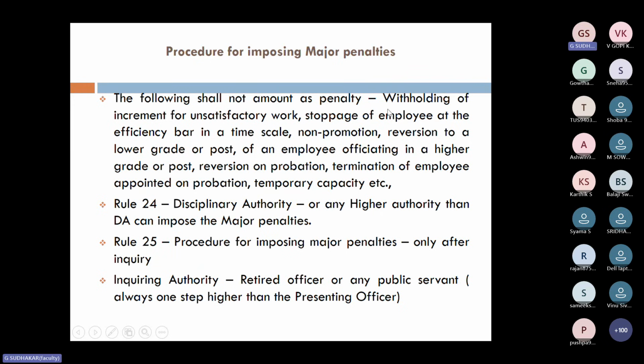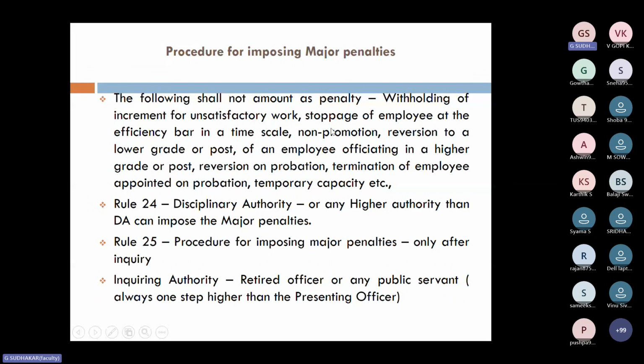See, this is also important. Withholding of normal increment for unsatisfactory work. Stoppage of employee at the efficiency bar, that is stagnation increment. Non-promotion, reversion to a lower grade or post of an employee officiating in a higher grade or post. Reversion on probation. Termination of an employee appointed on probation, temporary capacity, etc. These will not constitute penalty.